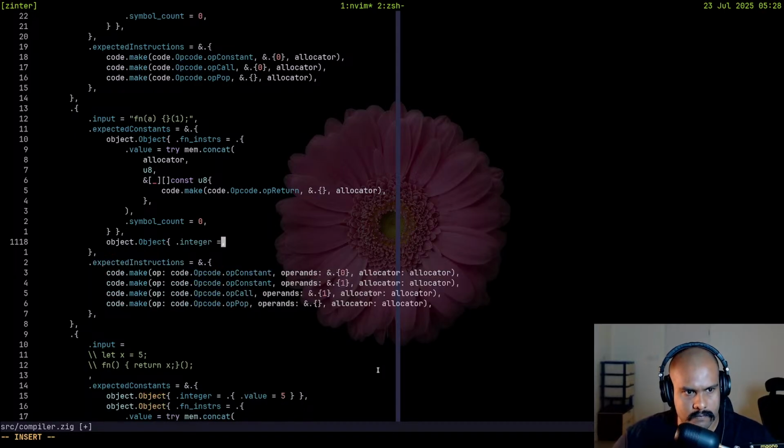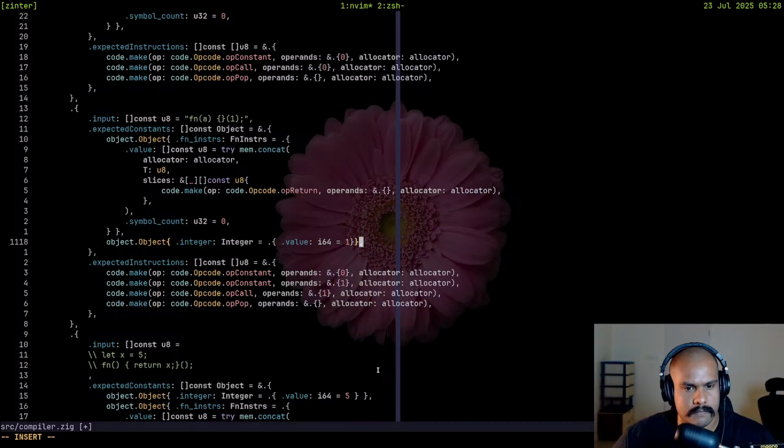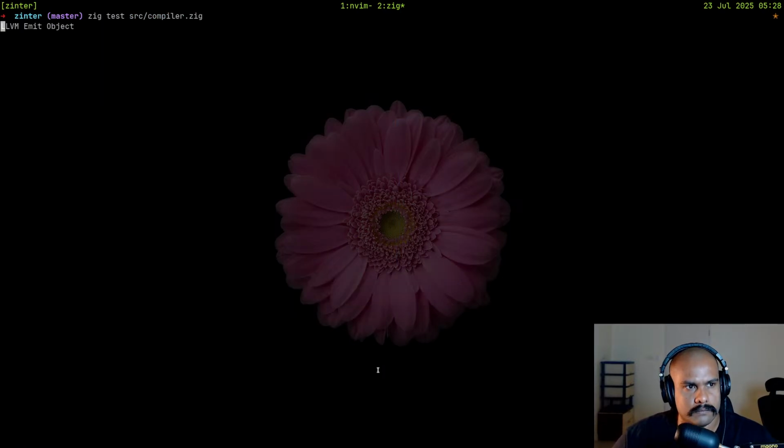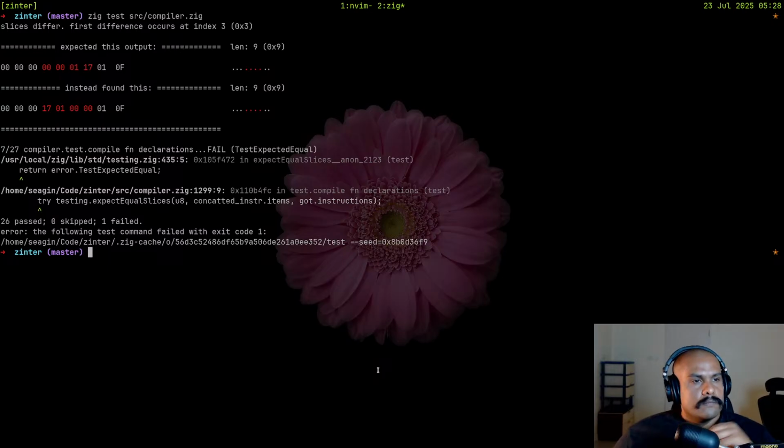Object.integer equals 1. Expected 001. This is the first constant. And then the second constant.